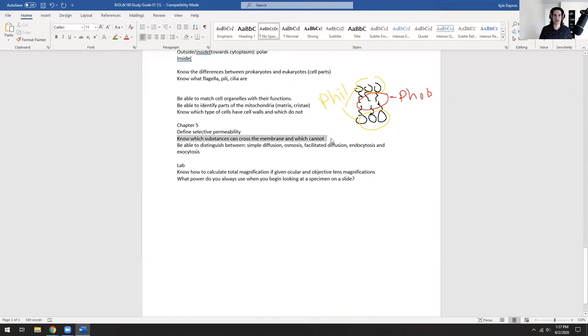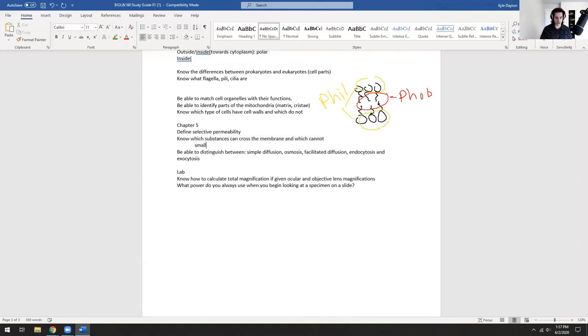Know which substances can cross the membrane and which cannot. So think small, small and non-polar are the easiest to move through the membrane. Ethanol is an example of a non-polar, well actually it's amphipathic. A lot of drugs are actually non-polar.